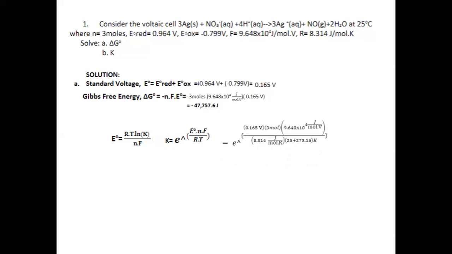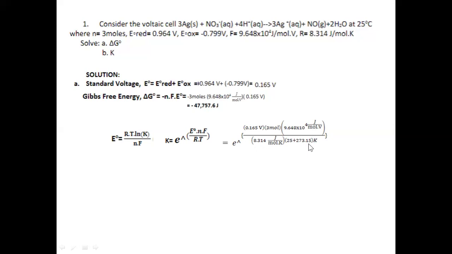If we're going to substitute the following values, e is raised to E naught, which is 0.165 volts, times 3 moles, times our Faraday constant 9.648 times 10 raised to 4 joule per mole volts, all over our gas constant 8.314 joule per mole Kelvin times our temperature, which is converted to Kelvin.